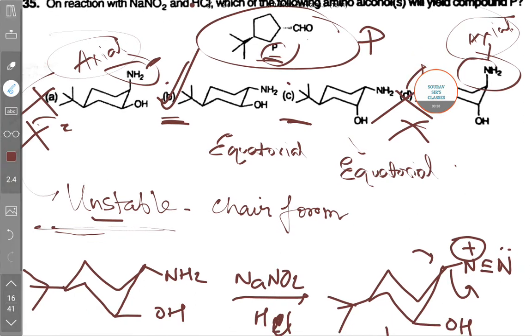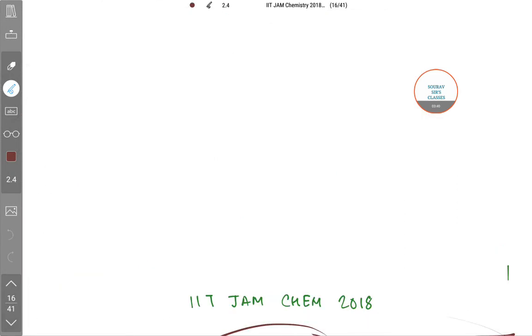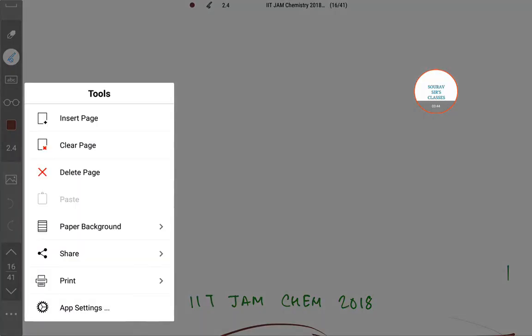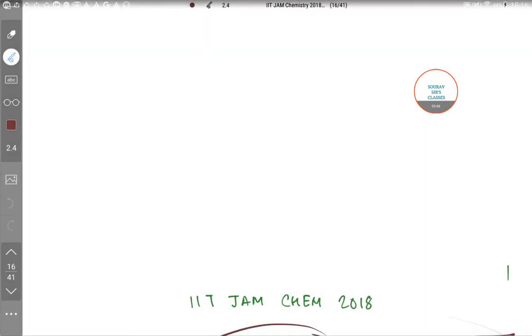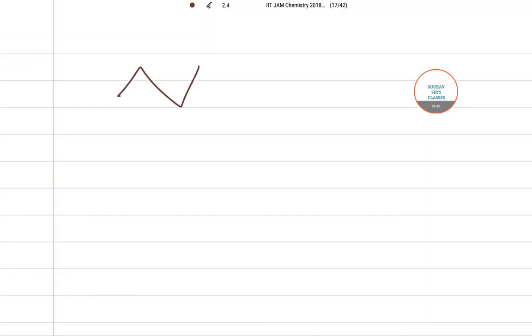moving on to option C, we have this structure with NH2 here and OH present in axial position, and this structure.